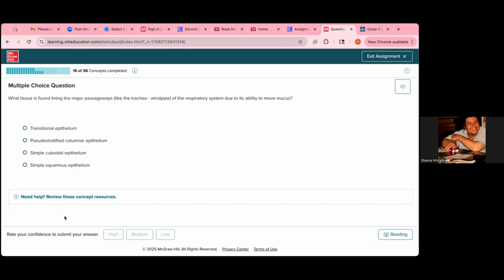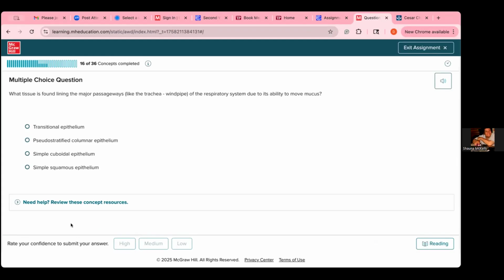So what type of epithelium? That's pseudostratified columnar.